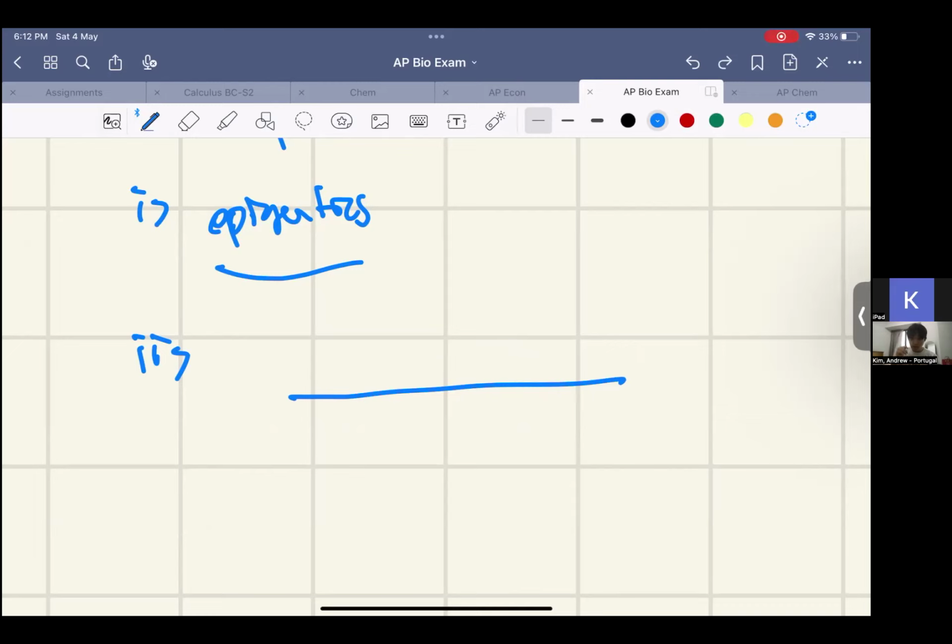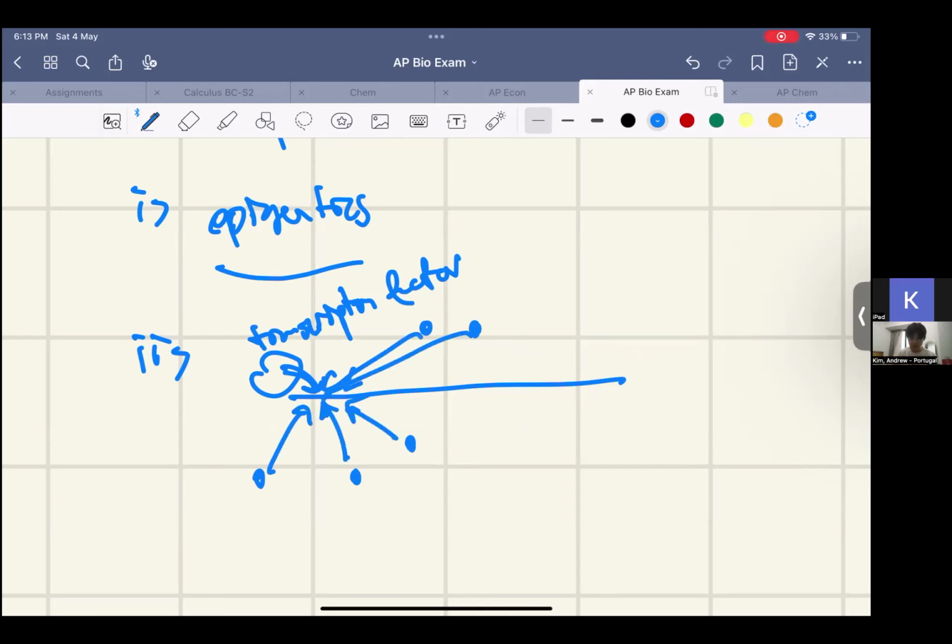Now, in order for transcription to happen, something called a transcription factor should be introduced, should be attached to this strand. Now, this might not happen if we have other enzymes or other components in this region, and if those attached to the necessary sites, then this transcription factor cannot be introduced, right?